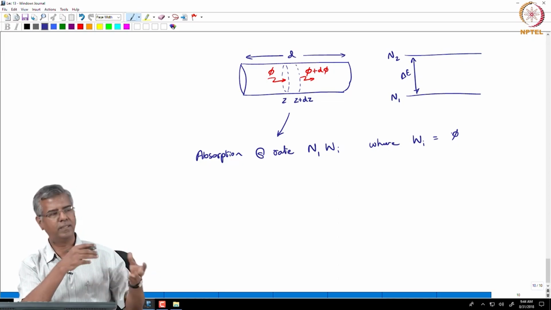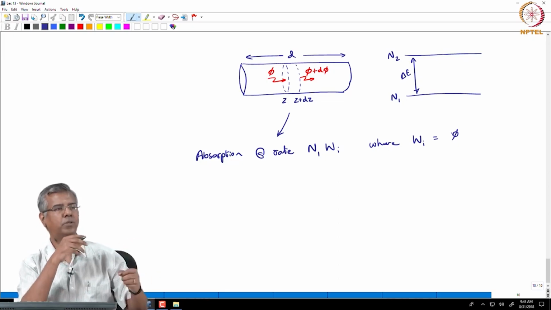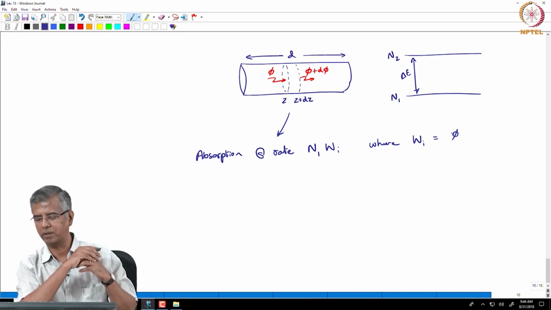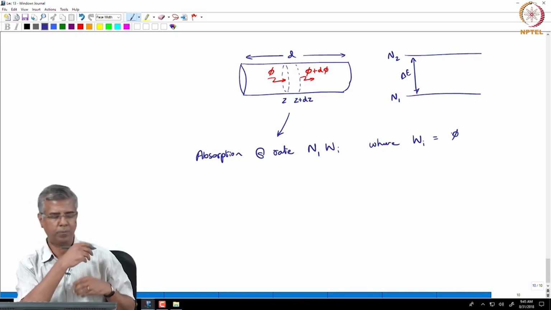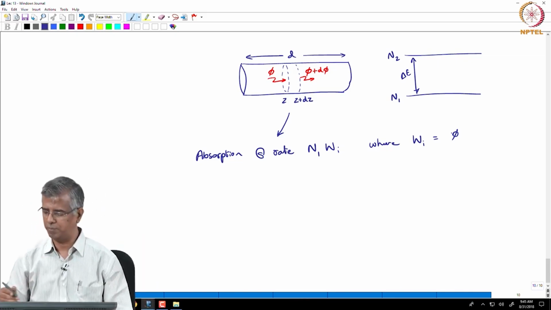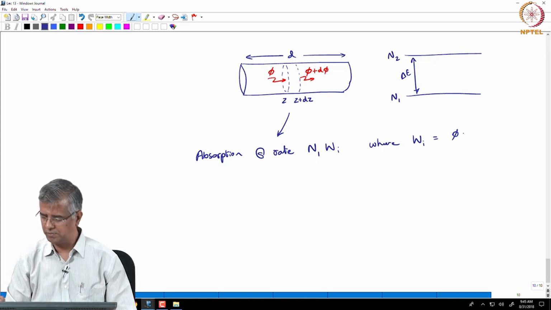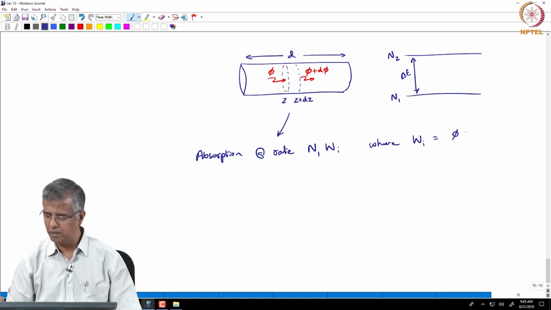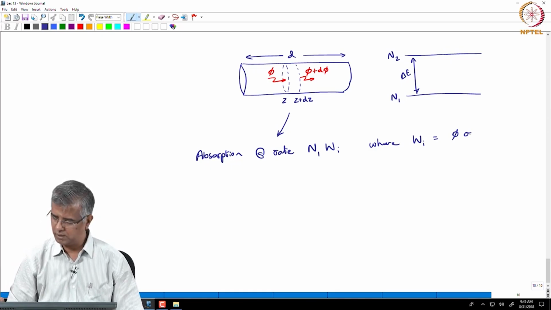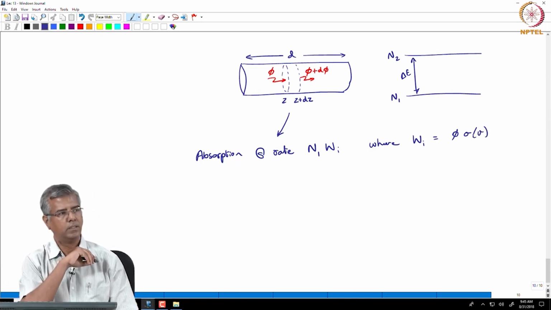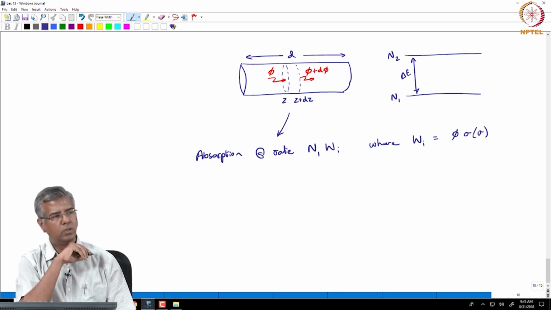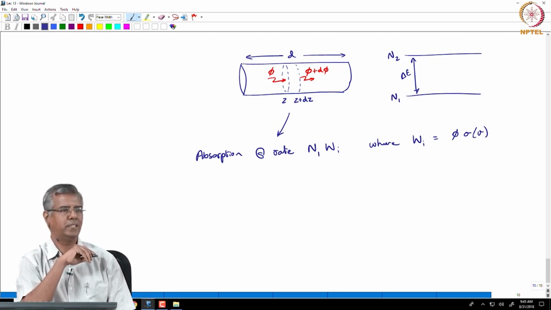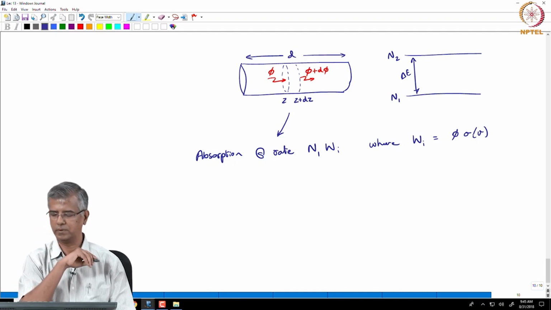So, you have a certain probability that a photon will get absorbed by a particular atom, and that probability density we were looking at before, but in the last lecture we said that probability density we will express in terms of sigma, which is known as the transition cross section, right.